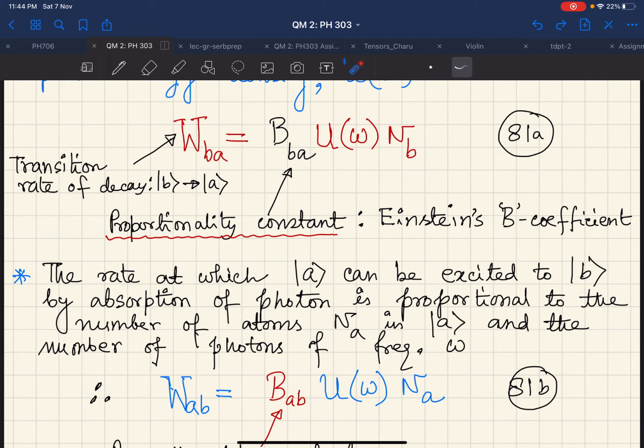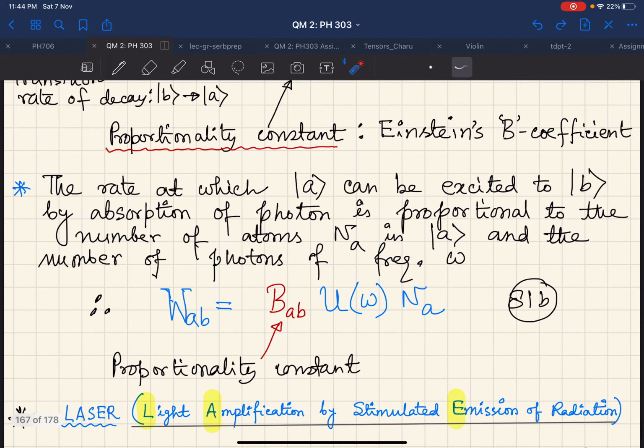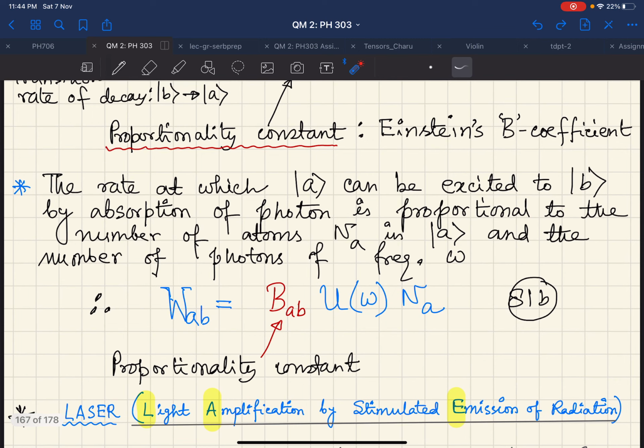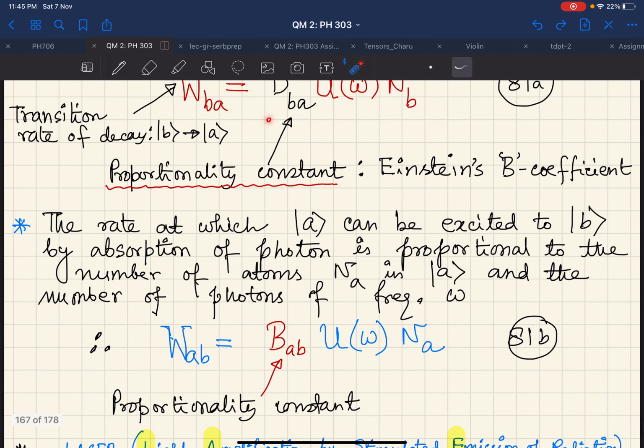Therefore the rate I can always write as a product of U omega, Na and BAB, which is at the moment not the same as BBA. It is another proportionality constant, but later on we will see that this BAB is actually the same as BBA.